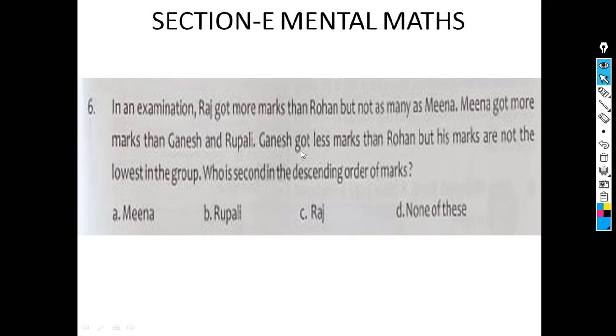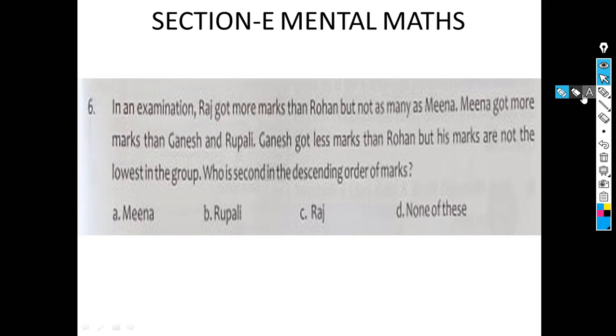Ganesh got less marks than Rohan, but his marks are not the lowest in the group. Who is second in the descending order of the marks? Or in simple words, we have to find out, out of Raj, Rohan, Ganesh, Rupali, or Meena, who has scored the second highest marks.